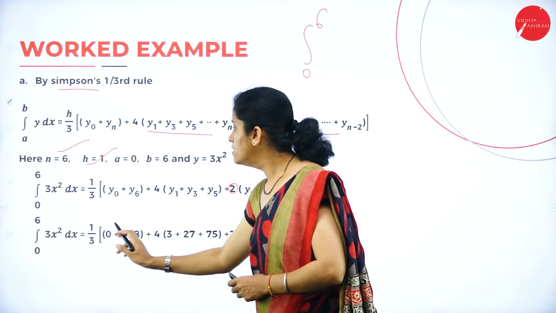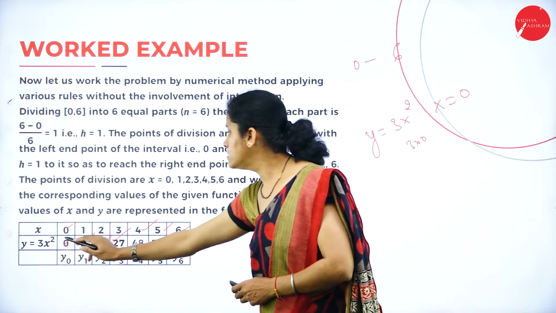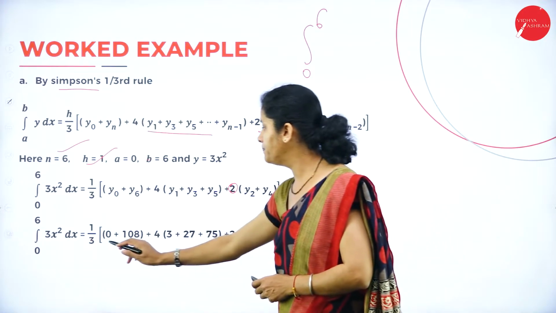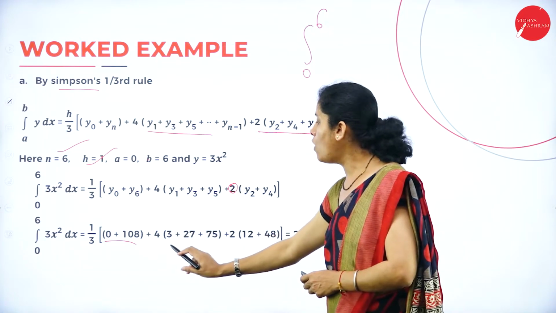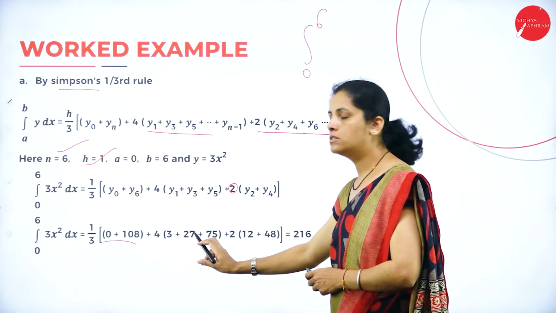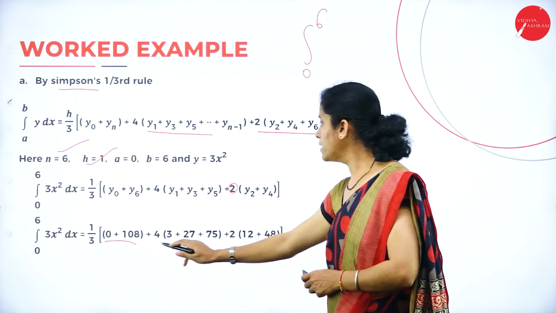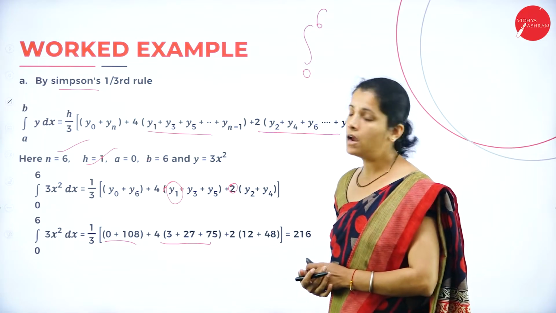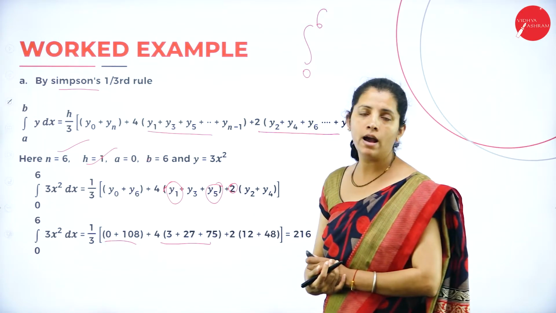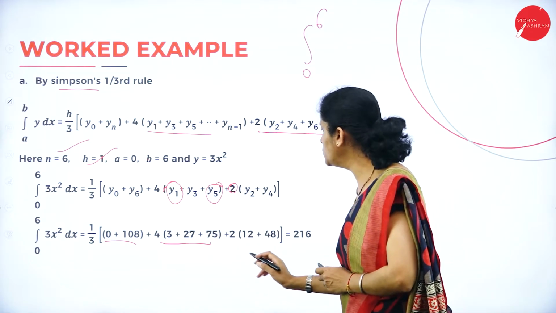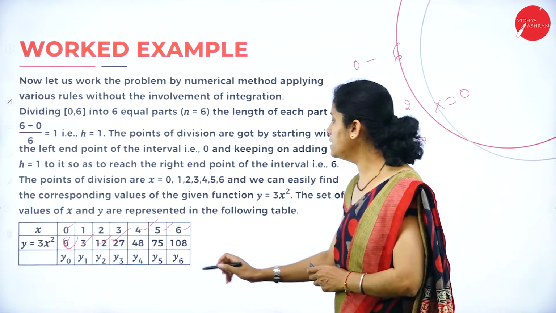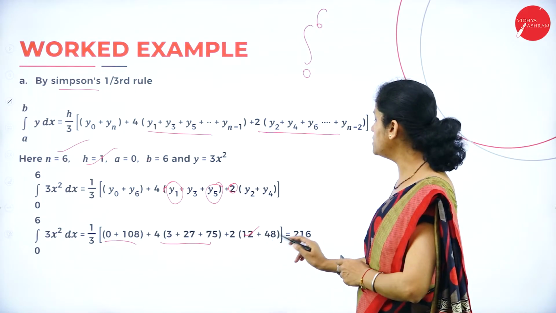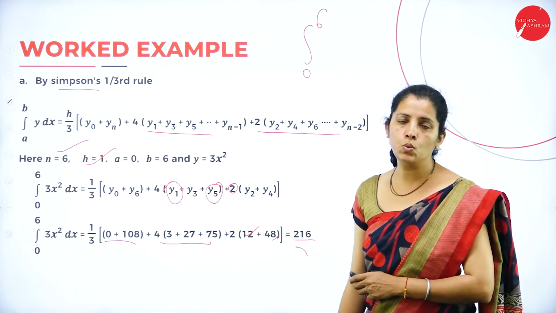So here y0 is nothing but 0 and y6 is nothing but 108, plus 4 of 3 plus 27 plus 75. That is whatever the y1, y3 and y5 values I have, I need to substitute. Then 2 times y2 is nothing but 12 and y4 is nothing but 48. So 12 plus 48. The answer is 216.